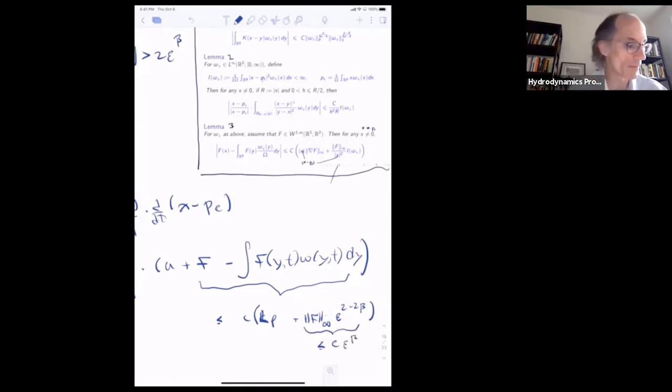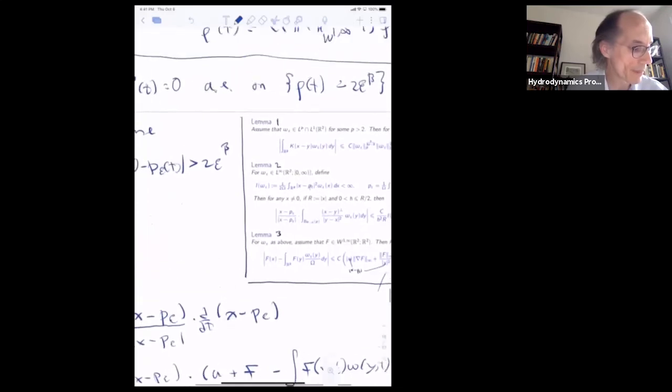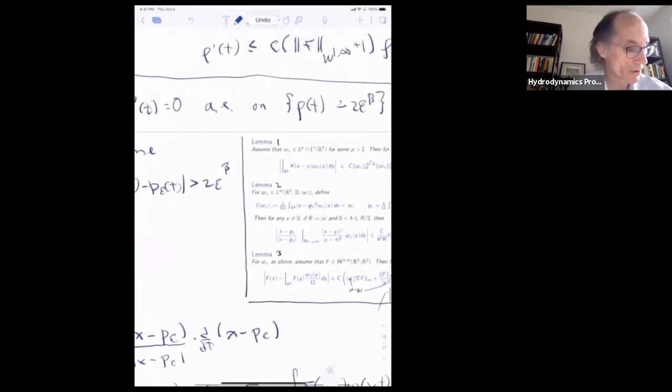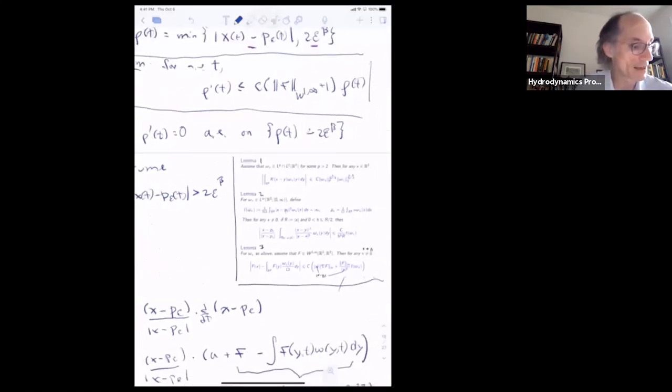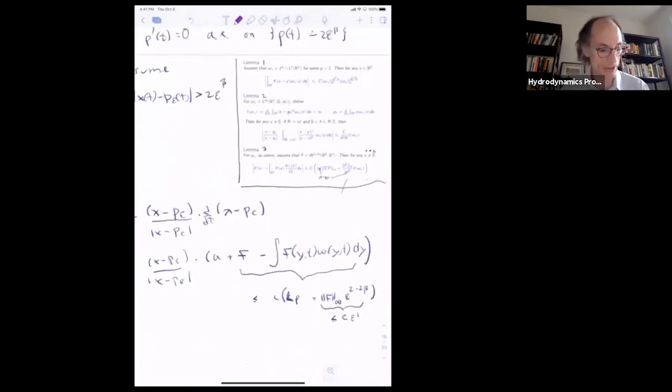You see here in my claim, on the right-hand side, I have a rho of t which is at least epsilon to the beta, and so any constant terms which are smaller than epsilon to the beta I can absorb into here, and epsilon to the 2 minus 2 beta should be smaller than epsilon to the beta if I've done this correctly. Yeah, that's right. Okay, good. And so this term is okay.